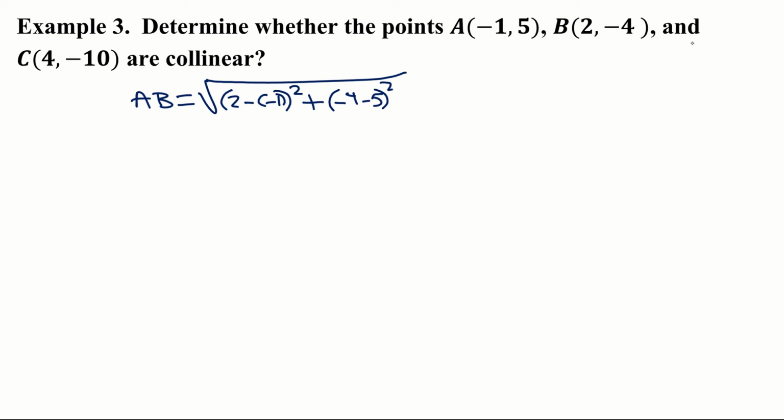And that gives us 2 minus -1 becomes 2 plus 1, so 3 squared, plus -4 minus 5, that's -9. So we want the square of -9. So that's the square root of 9 plus 81, which is the square root of 90.